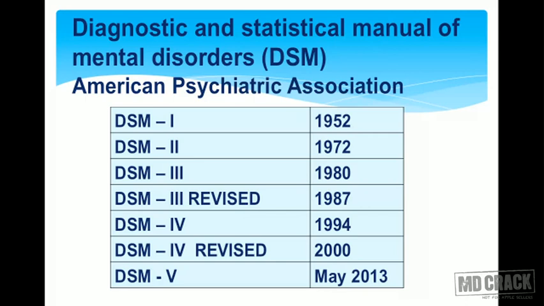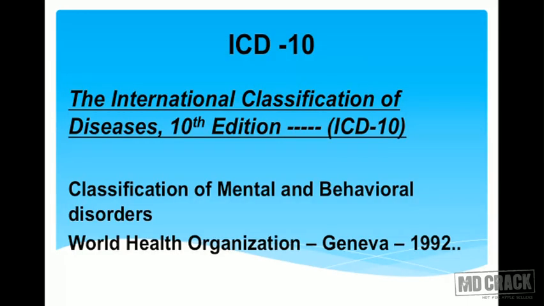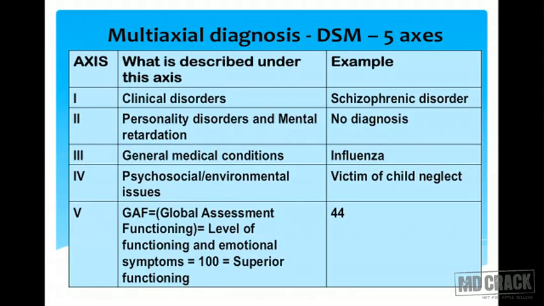The DSM-4 came in 1994 and it was revised in the year 2000, and the DSM-5 is expected in May 2013. ICD-10, the classification of mental and behavioral disorders, was given by the World Health Organization in Geneva in 1992.